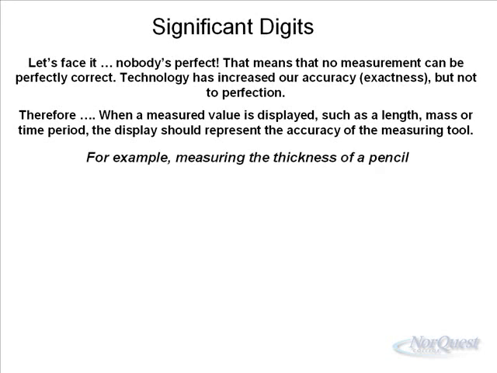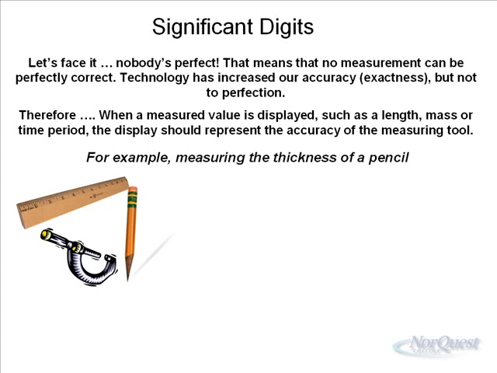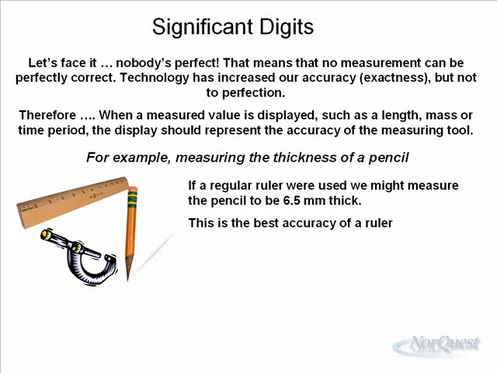All right, so for example, measuring the thickness of a pencil, we could use a ruler to measure the thickness of a pencil. If we really look carefully, it might measure out to be 6.5 millimeters, which would be a reasonable estimate with a wooden ruler. However, if you use a micrometer, which is in the picture there, we might measure the width of the pencil to be 6.47.